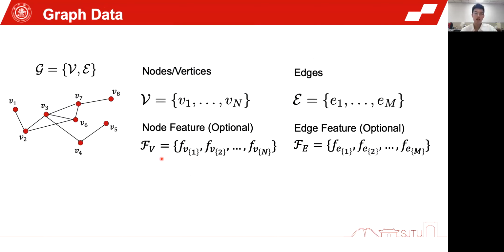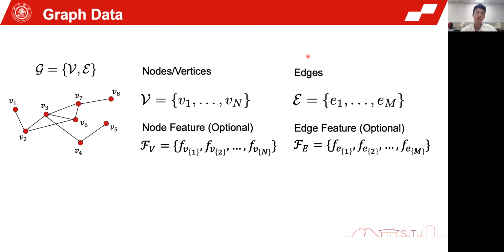Then let's talk about what is a graph. Graph is a kind of data structure that includes many nodes V and their relationships, edges E, between them. Note that if a graph's nodes have corresponding node features, we call it a node attributed graph.